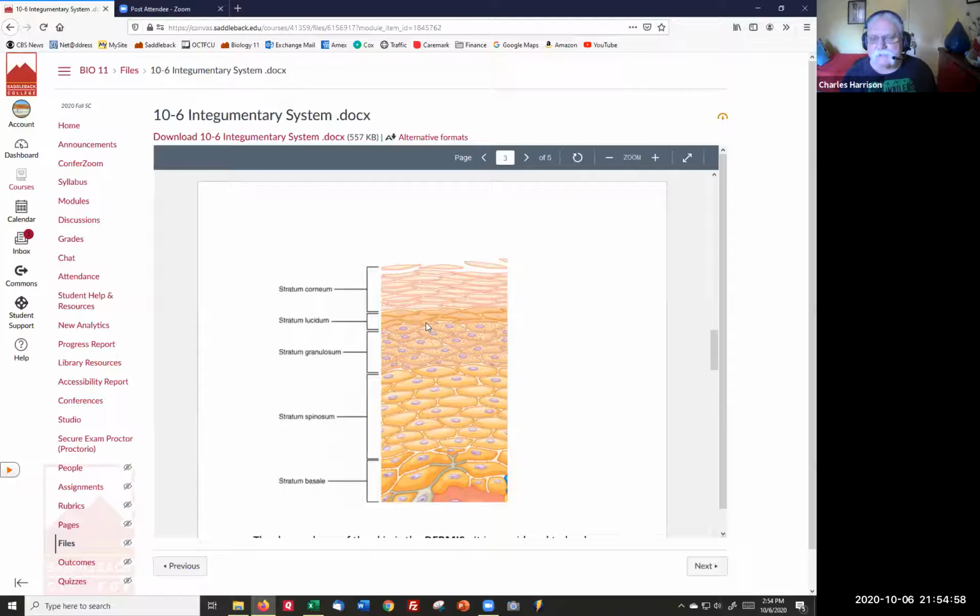Look what's happening. The cells are flattening out from bottom to top. They're going to flatten out. The stratum lucidum, we said, could be anywhere from a couple layers thick to 20 to 40 layers thick. What thickens it is any extra work or abrasion or tension on any part of the body.